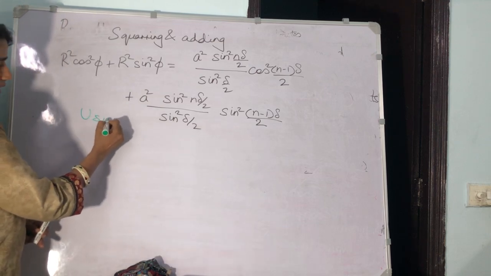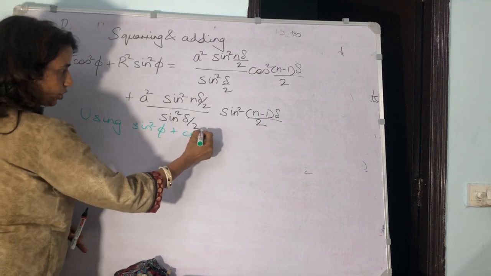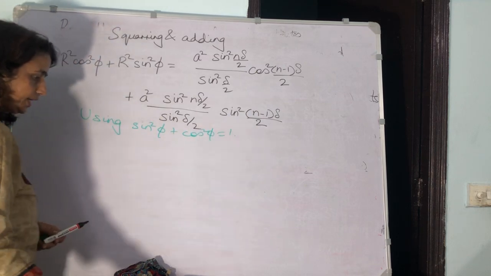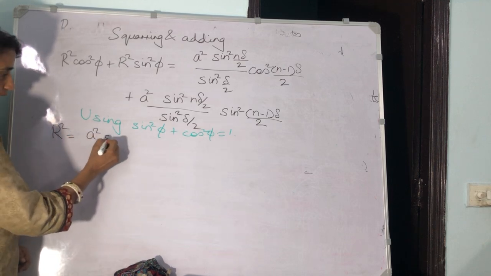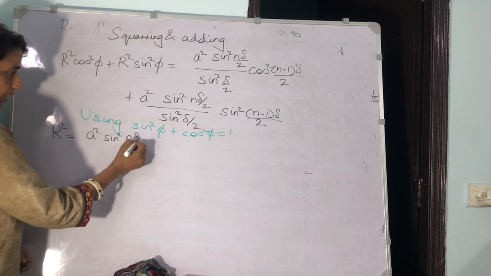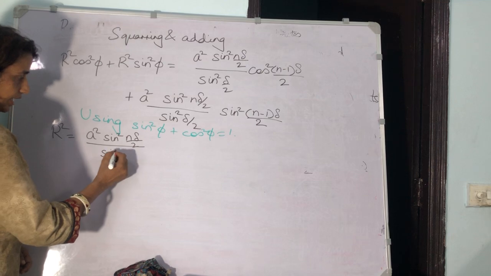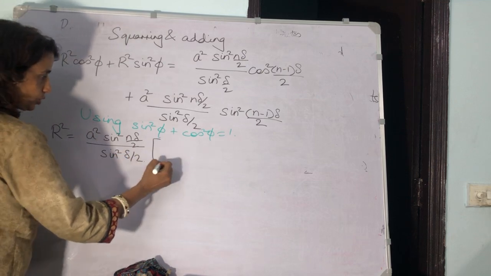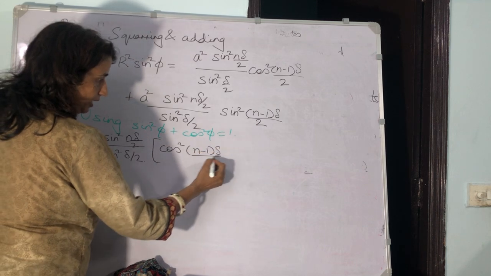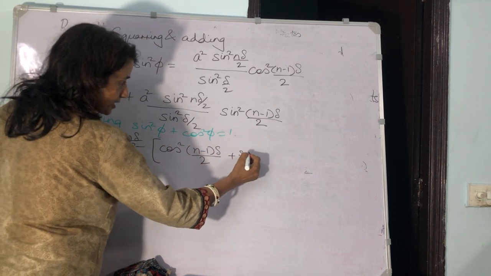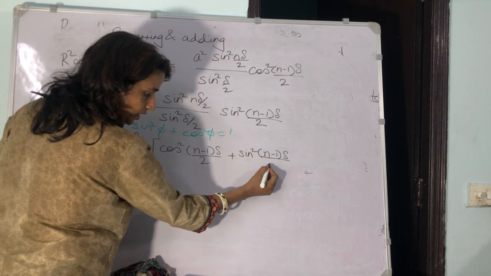So using the formula sin² plus cos² equal to 1, we get r² is equal to a² sin²(nδ/2) divided by sin²(δ/2) into [cos²((n−1)δ/2) plus sin²((n−1)δ/2)].